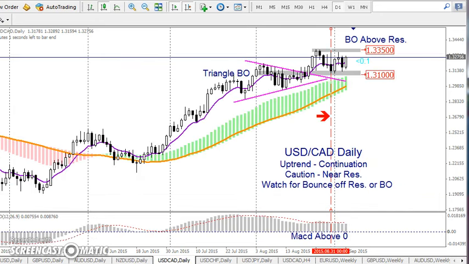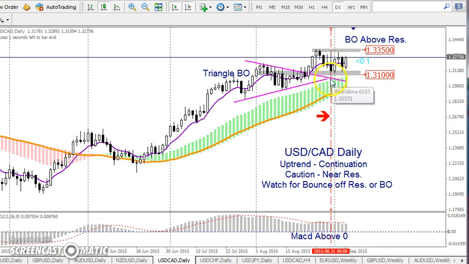Now the next pair is the US CAD, and this pair, once it broke the resistance here of the 130.00 area, went up high and is now just ranging sideways. You can see down, up, up, down, up.